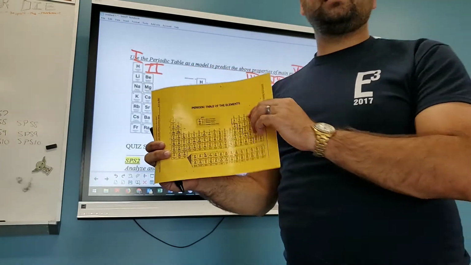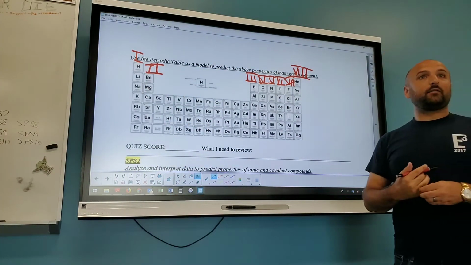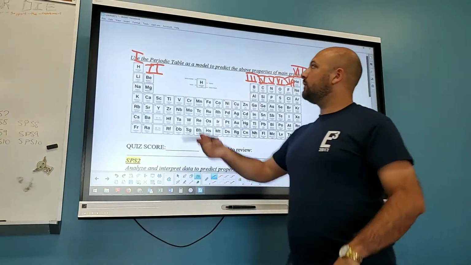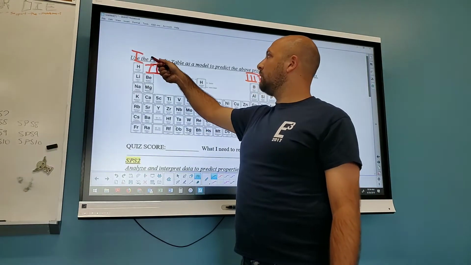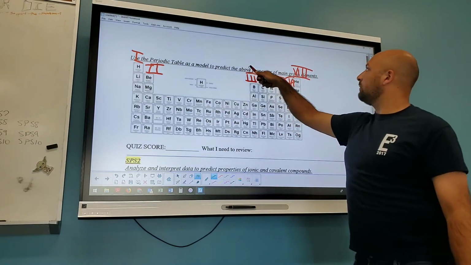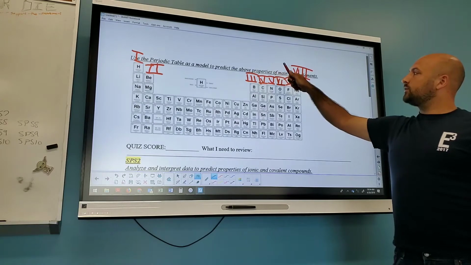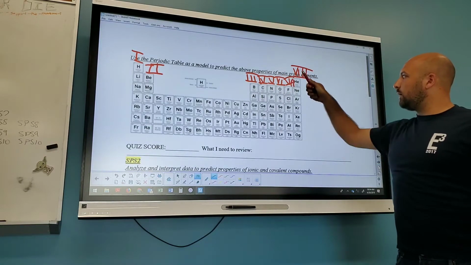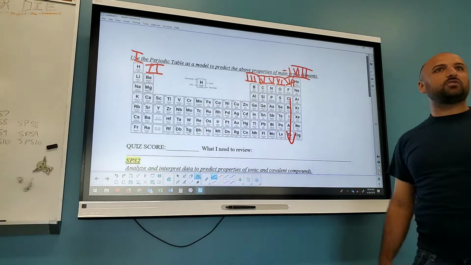Just ignore the A's there and look at the Roman numerals to figure those out. And then oxidation numbers: plus 1, plus 2, plus 3, plus or minus 4, minus 3, minus 2, minus 1, and 0. Everything in that column operates the same way and has the exact same oxidation number.